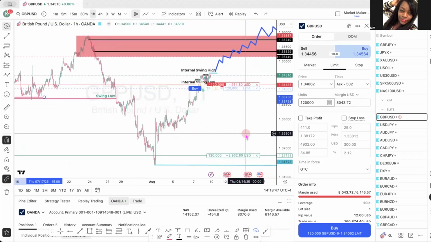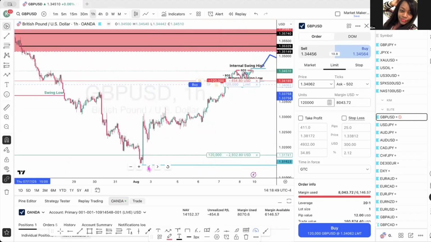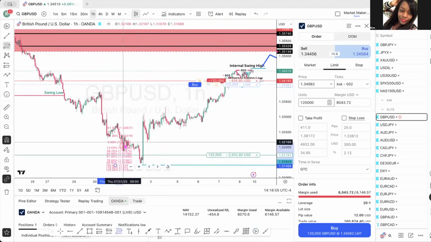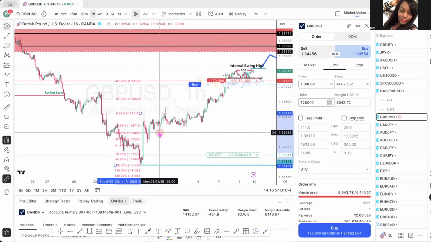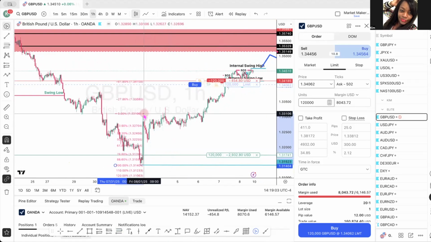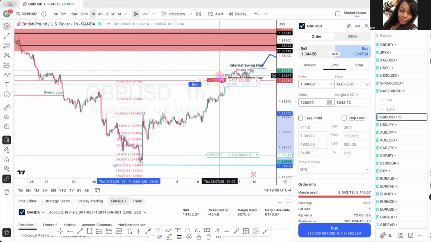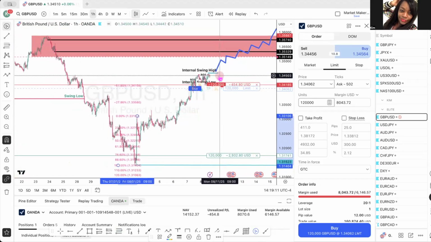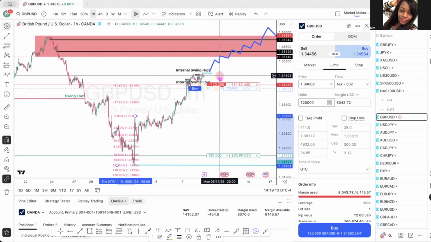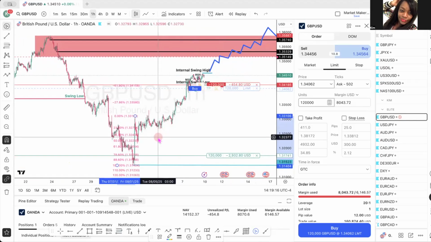Okay. That makes sense? Yeah. So once this structure started shifting structure here, you can fib that move, right? You can fib from up here to here, but price never pulled back to a discounted area. Or it did, never mind. It pulled back to the 50% and kept going. So where's the next move?